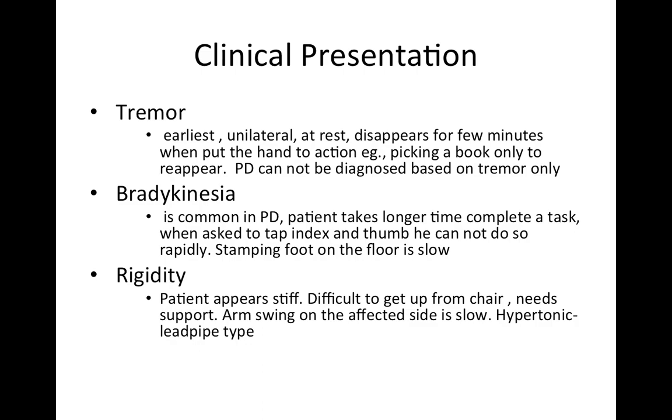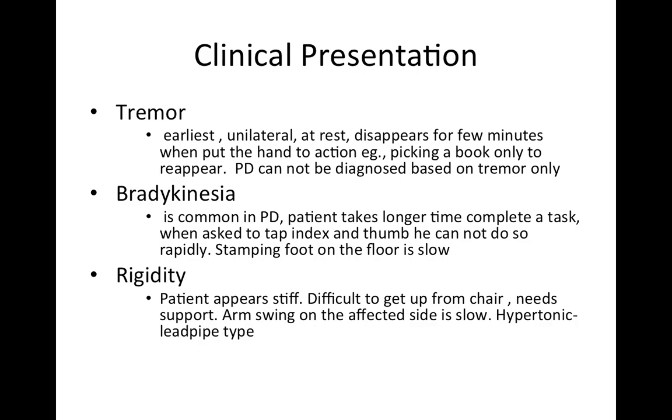Then in the clinic, when he is asked to tap index and thumb finger rapidly in succession, he cannot do it that fast as it is normally done by the people. At the same time, when he is asked to stamp the foot onto the floor rhythmically and rapidly, he cannot do it so.